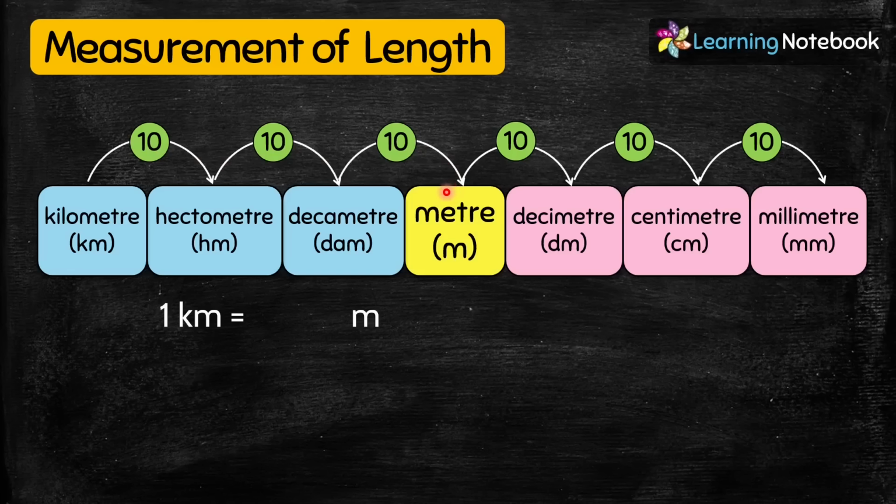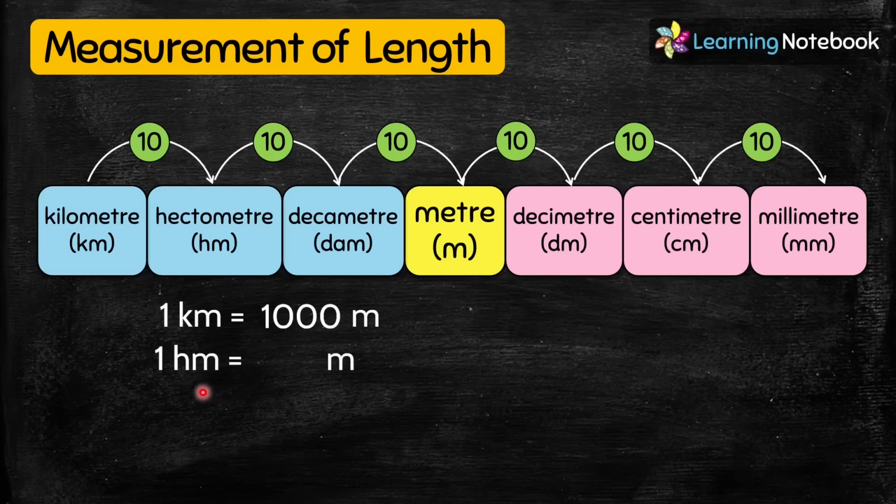So 3 times. We need to jump 3 times to reach meter. This means we will do 10 multiplied by 10 multiplied by 10, which is equal to 1000. So students, 1 kilometer equals 1000 meters.